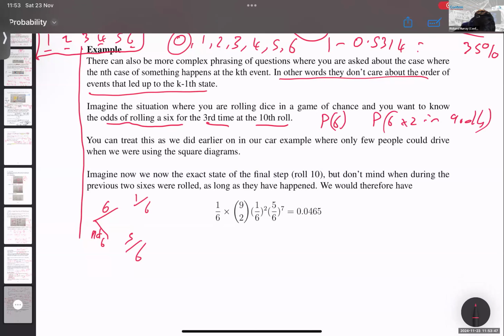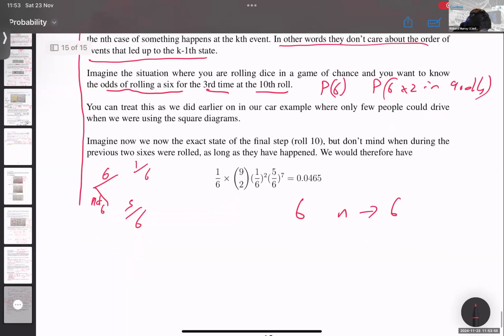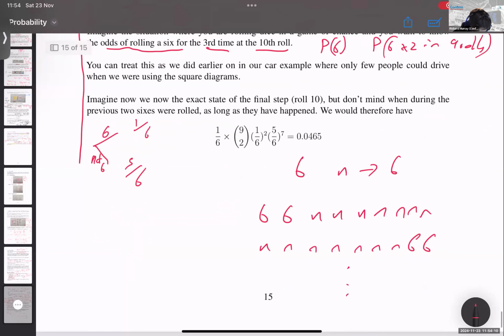Now, if I use this notation of 6 and n for not 6, this could be 6, 6, n, n, n, n, n, n, n. Or it could be n, n, n, n, n, n, n, 6, 6. And all the different combinations of that. It's going to be too difficult to calculate that out directly.